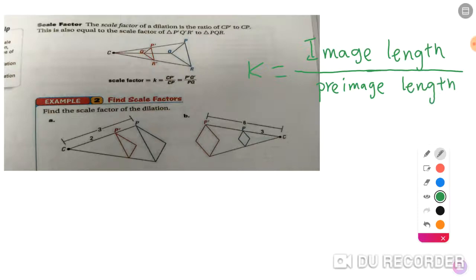So you can say the scale factor is the ratio of the image length to the pre-image length. Let's do some exercises to apply this rule.